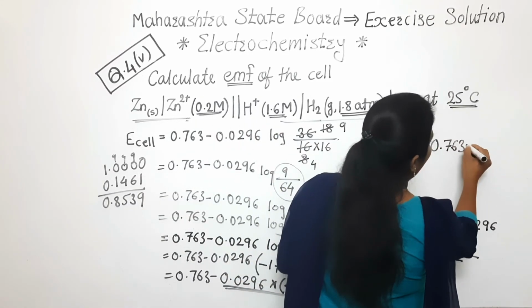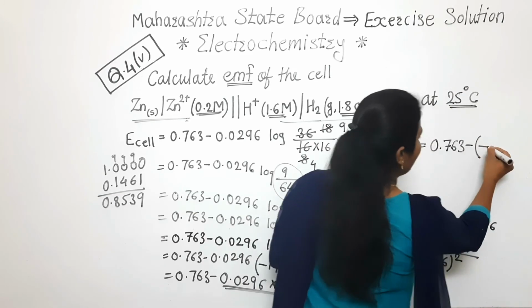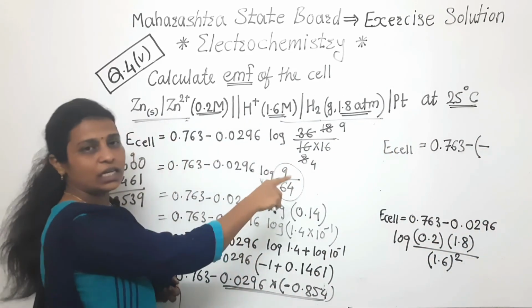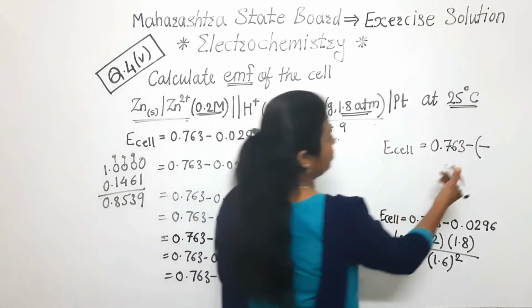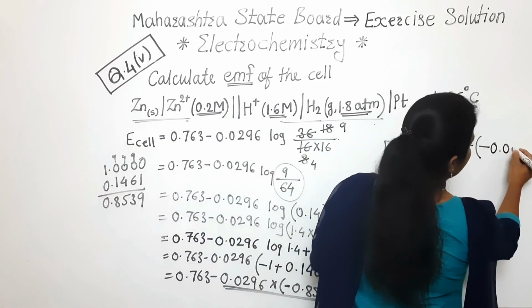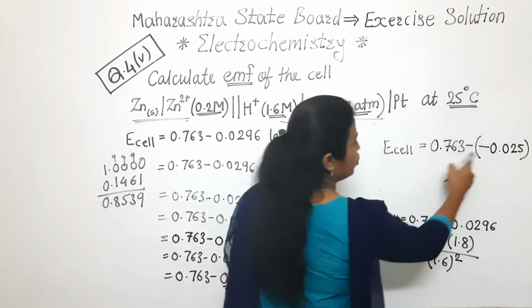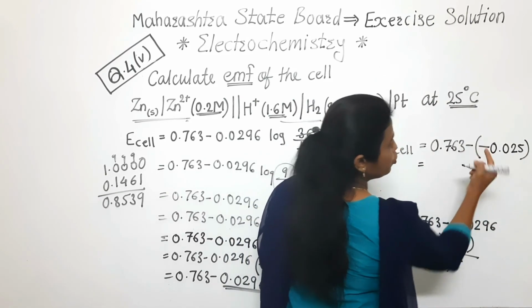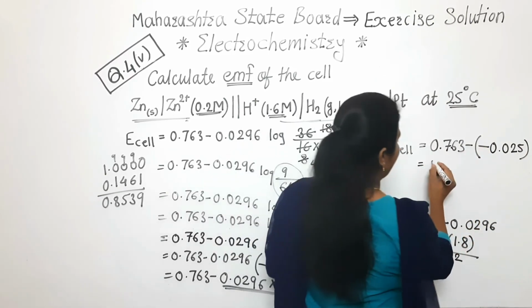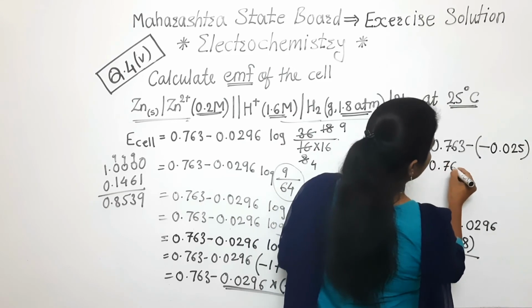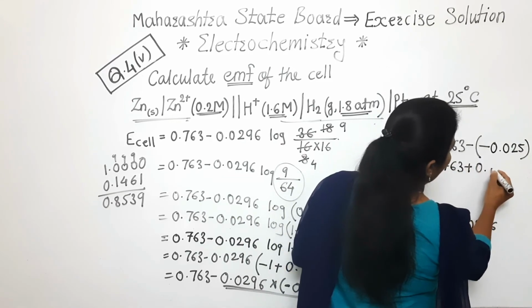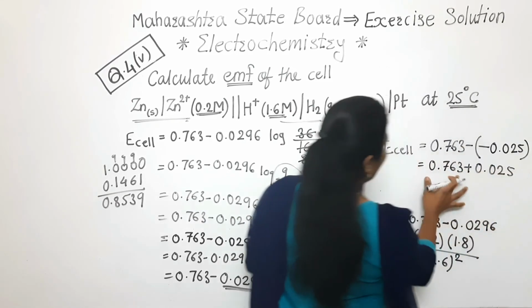After multiplication, again that answer will carry a negative sign and that answer will be 0.025. So minus into minus will be the positive sign. So 0.763 plus 0.025. What will be the addition?